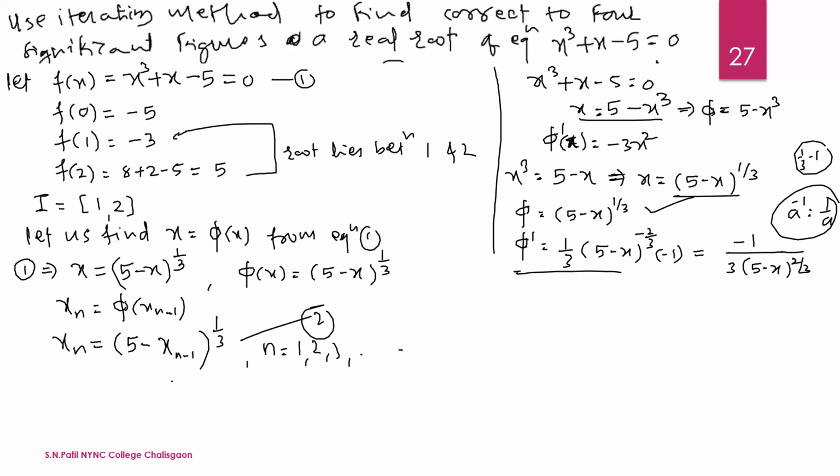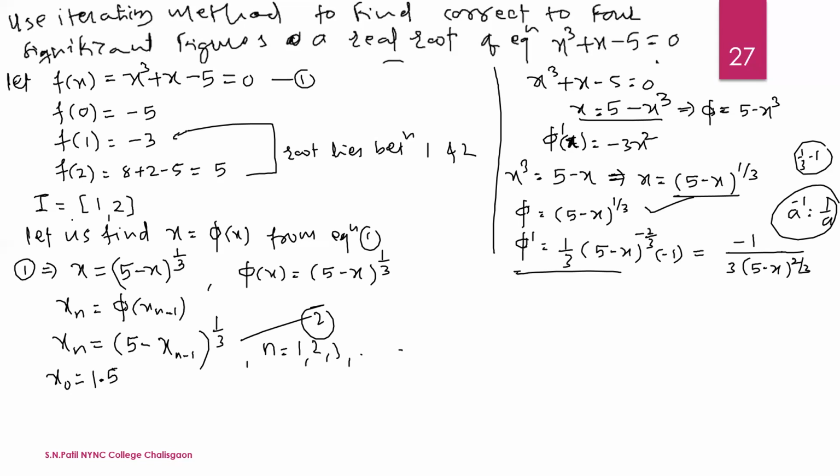Now, when we put n is equal to 1 here, then here we want x naught. The x naught we select from the interval. Here we select the first x naught, which depends on us. That is, we select x naught between 1 and 2. x naught we select as 1.5.